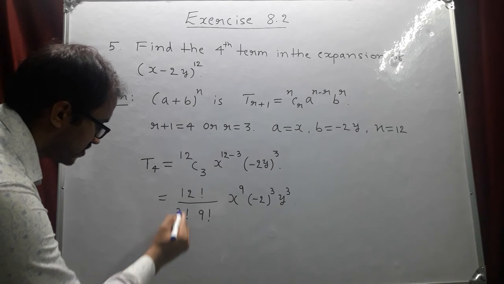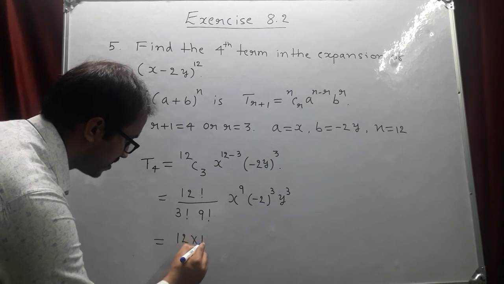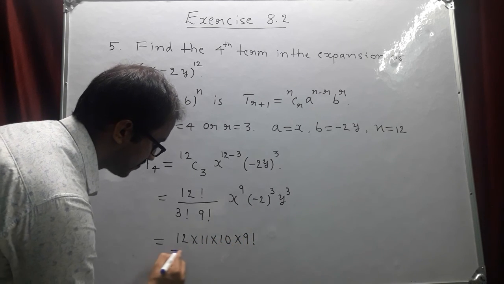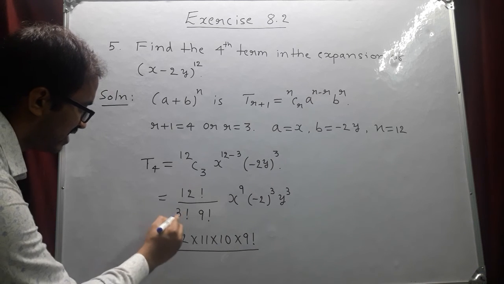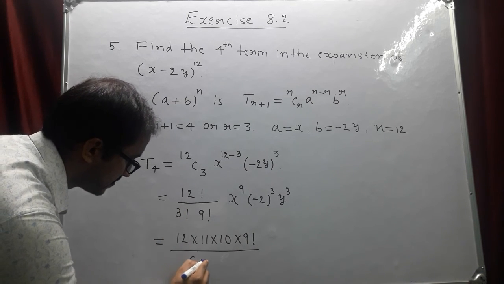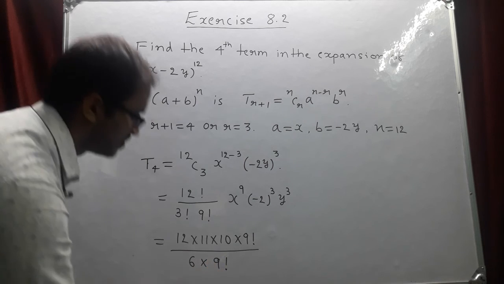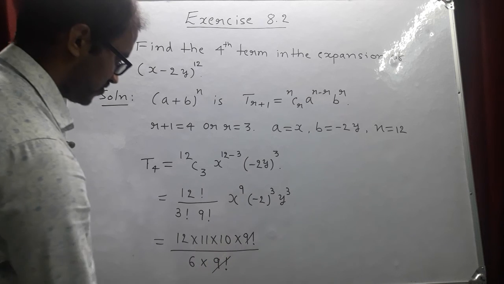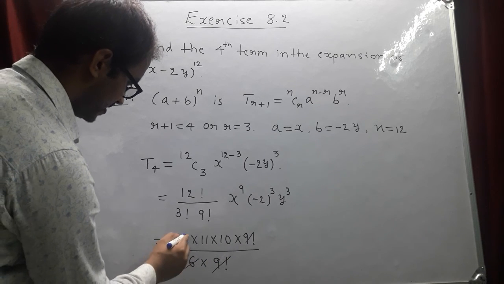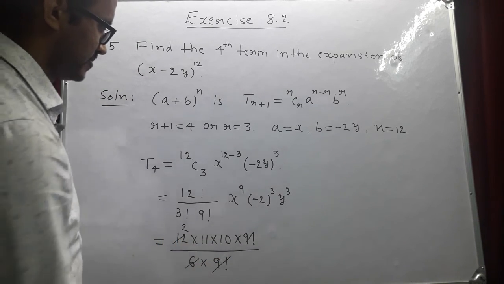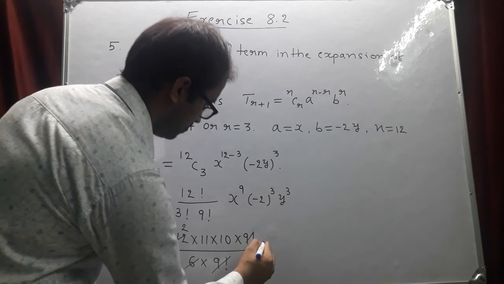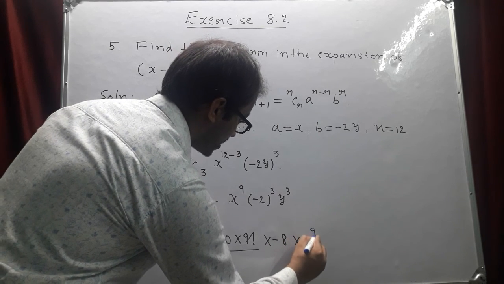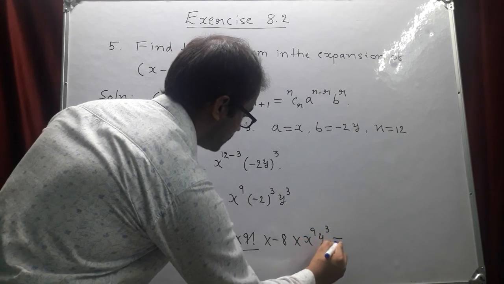So simplify, 12 factorial is 12 into 11 into 10 into 9 factorial divided by 3 factorial, which is 6, into 9 factorial. So 9 factorial will get cancelled. Here (−2)³ is −8 into x⁹ into y³.